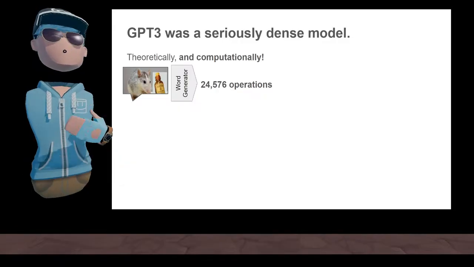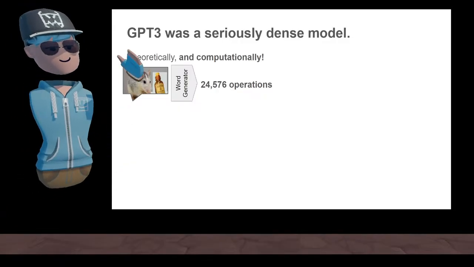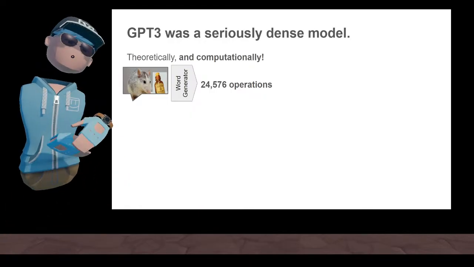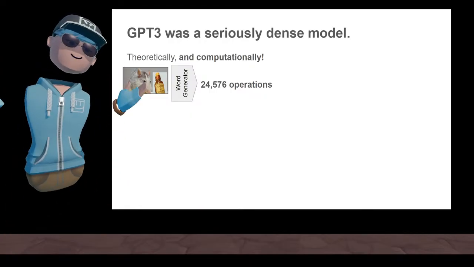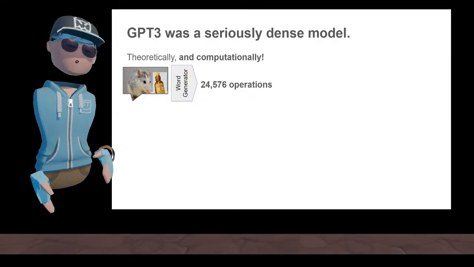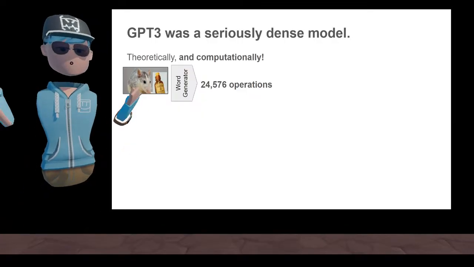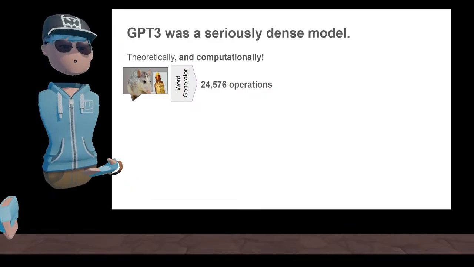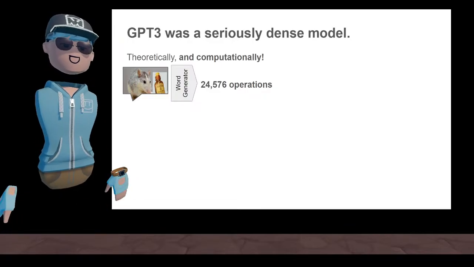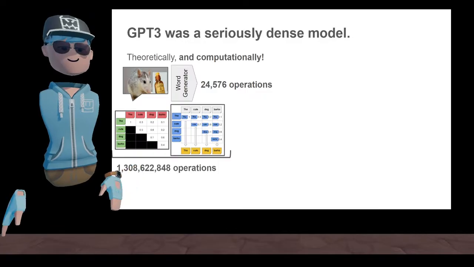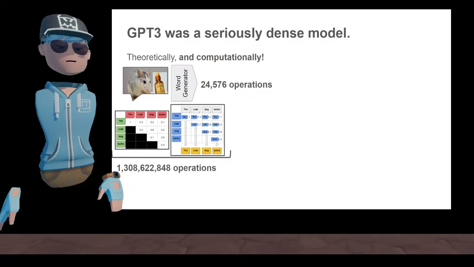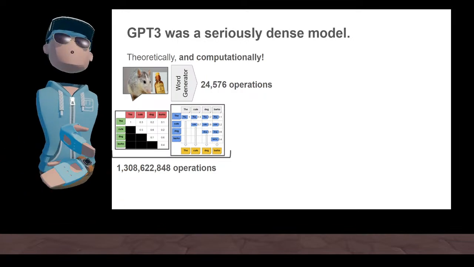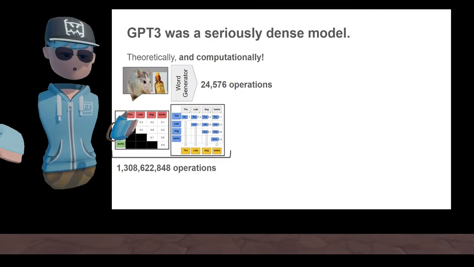And to explain that to you, in the first section, that word embedding section, to run our word through it, there are 24,000 math operations. 24 freaking thousand, which is a lot. I don't want to do 24,000. The next stage, 1.3 billion operations. A small jump between these two. But yeah, anyways, lots of math calculations.